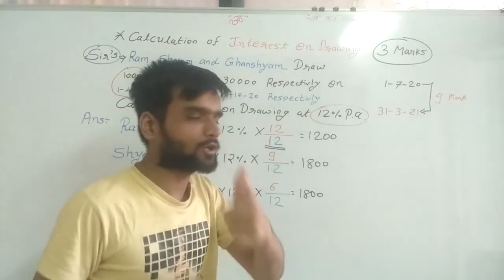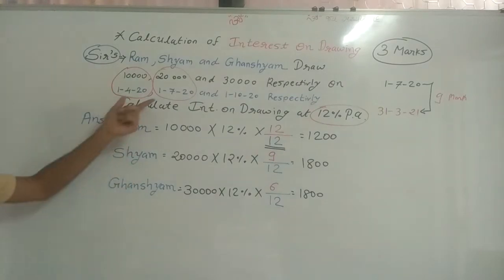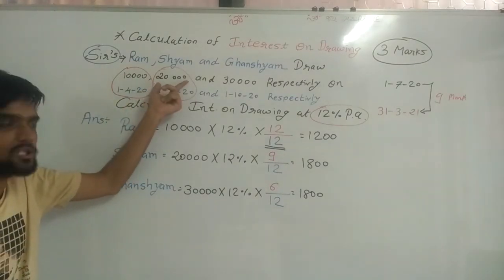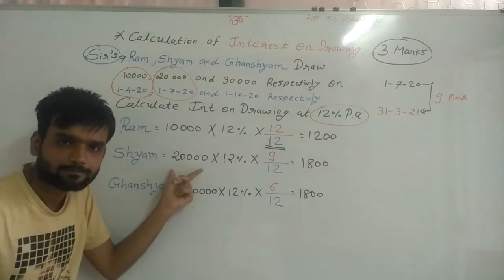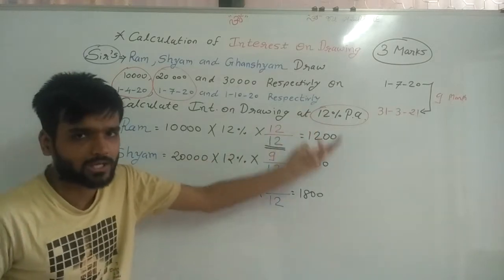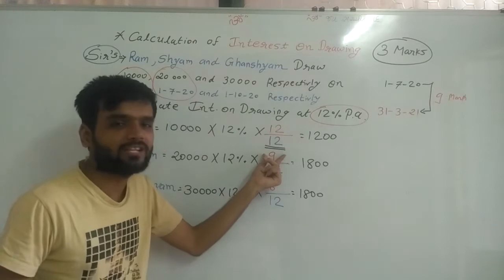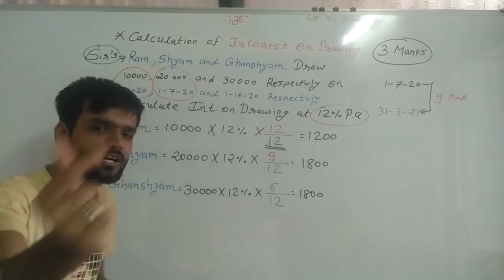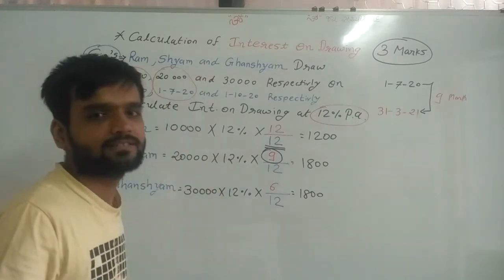So for Shyam, withdrawn 20,000 on 1/7/20. So 20,000 into 12%, which is 12% per annum given, into 9 divided by 12. Now see here, only change is 9.